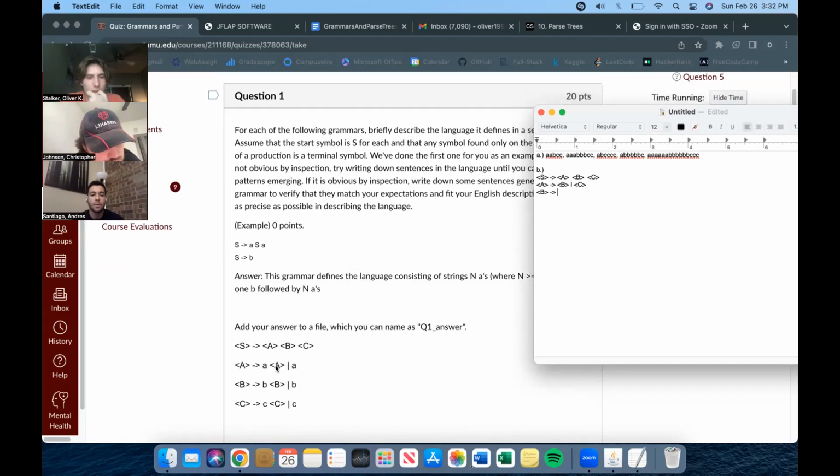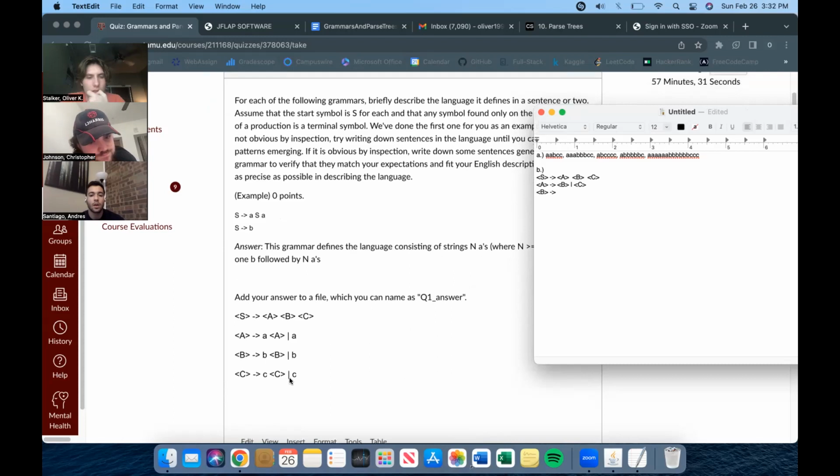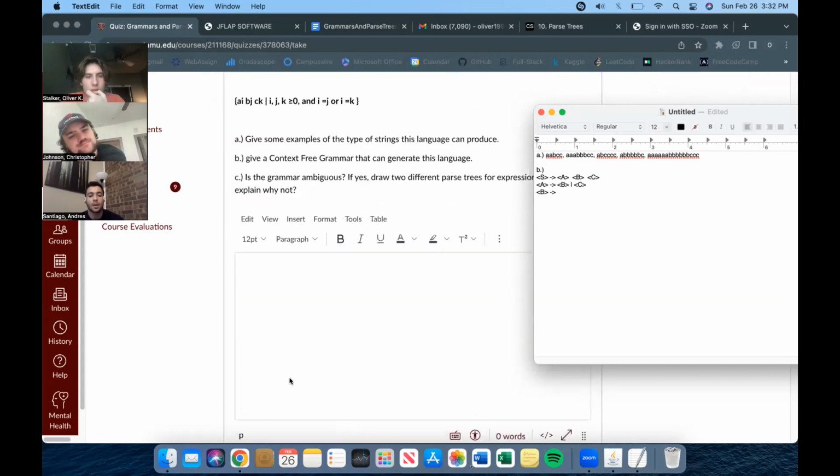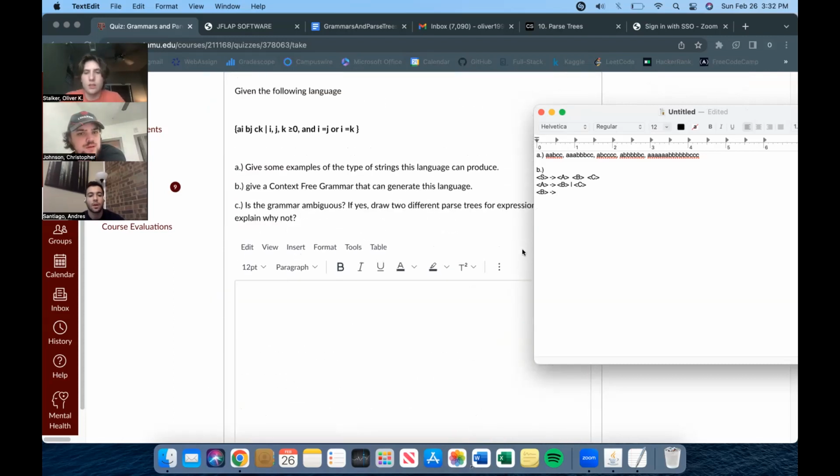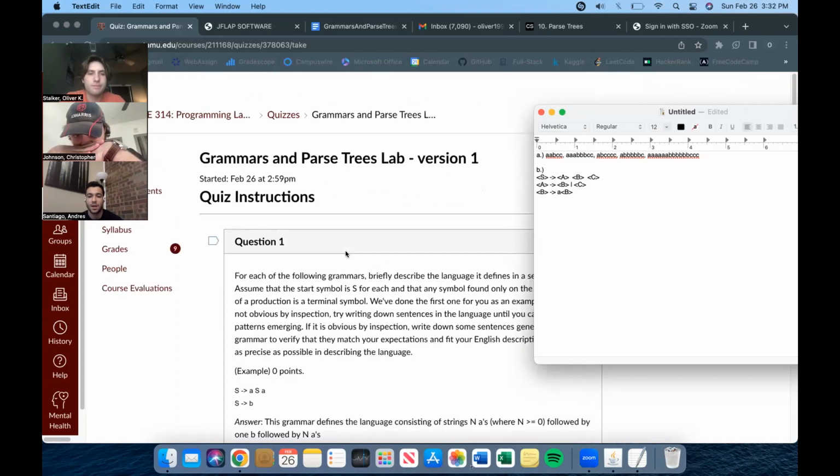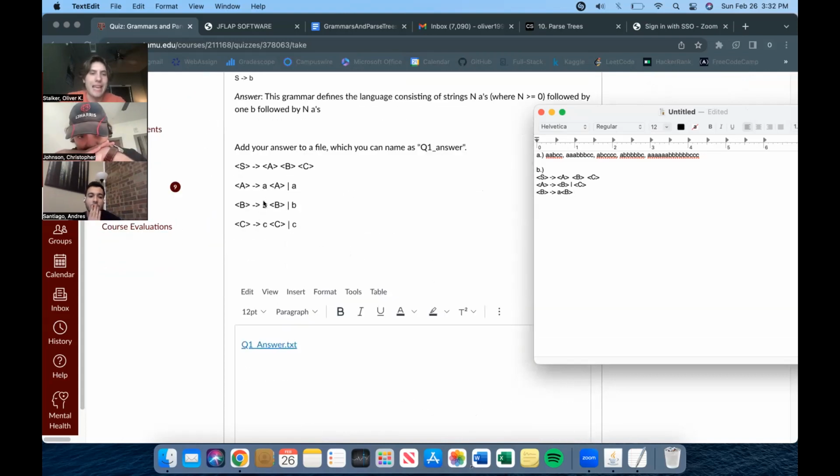On the one we're doing right now, it has to be a block of A's, then a block of B's, like how we had it in the example. I don't know how we do that with the language. In this first one, it did A or another called A, or just one A to end it.